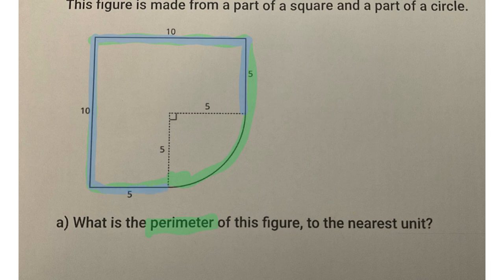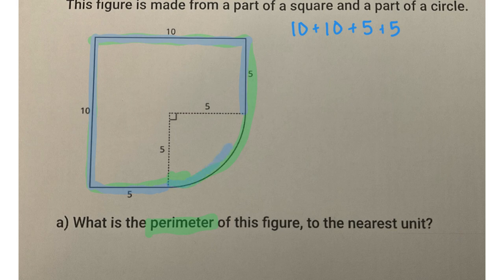That's pretty simple. Those are the simple parts of the perimeter. We have 10 plus 10 plus 5 plus 5. So that's the perimeter going around of everything except for that little green part that's all by itself.